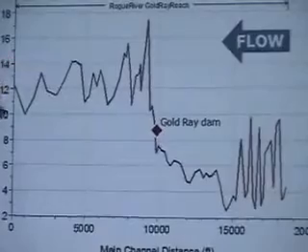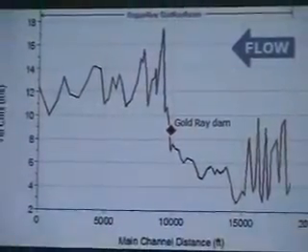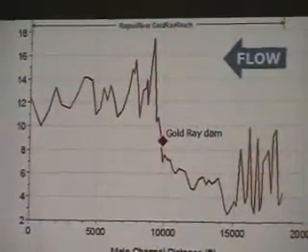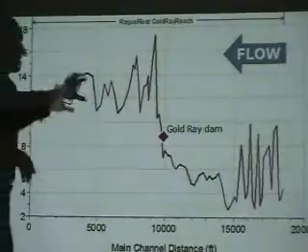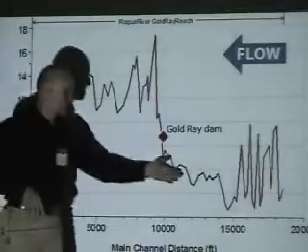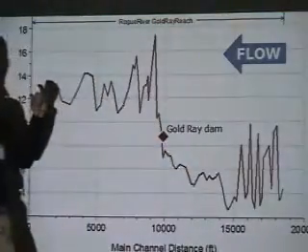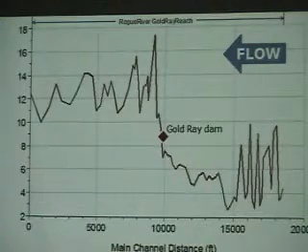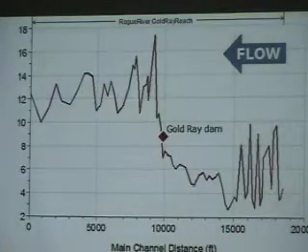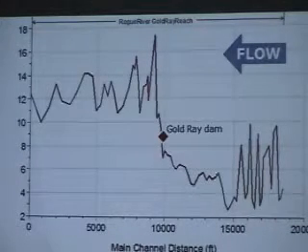They go way up, all the way up to 16 feet per second. The reality is that velocity and shear stress, or the ability of a stream to move sediment like big gravels, is directly correlated to the velocity. So if anything gets through this reservoir area, it's going beyond this area as well, because the velocities, shear stresses, and stream power are all significantly higher once it gets past where Gold Ray Dam is, or used to be, if you're looking at the model after the dam is out.